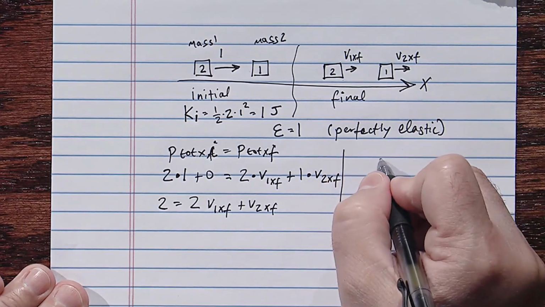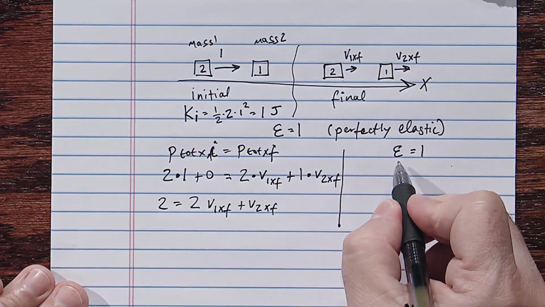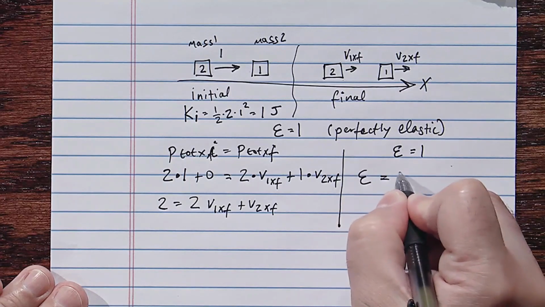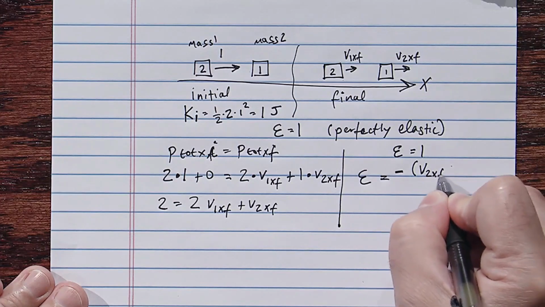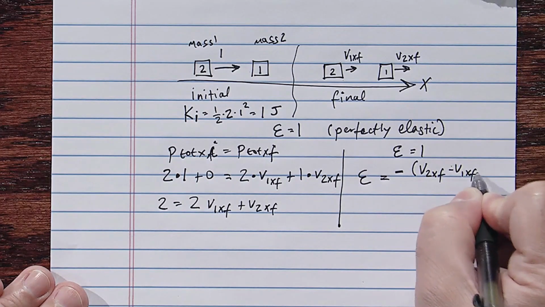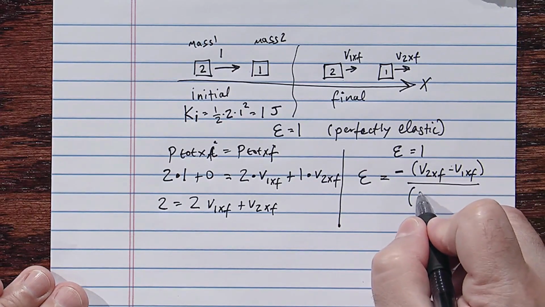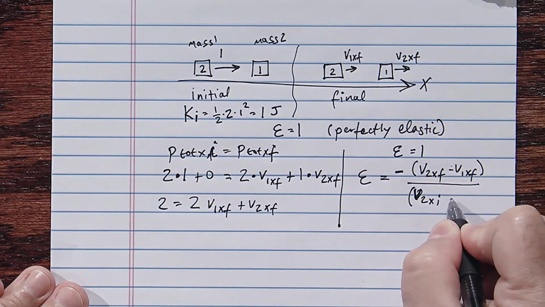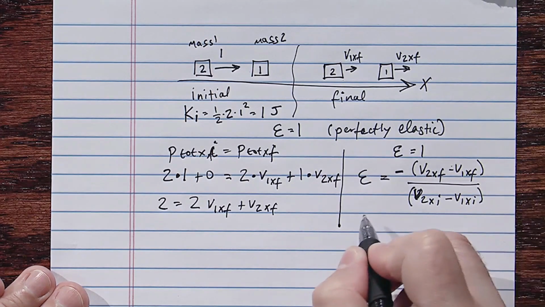So I'll add over here, E is equal to 1. So our coefficient of restitution equation is E is equal to minus V2x final minus V1x final, that's just the definition of coefficient of restitution, over V2x initial minus V1x initial.